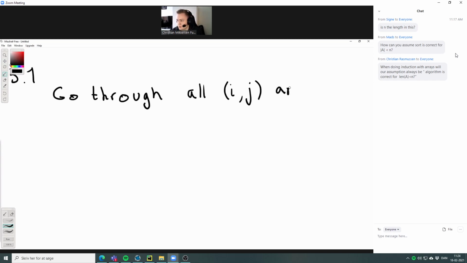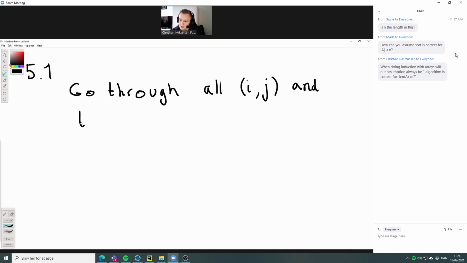Then we test if a_i plus a_j is equal to 0. And if it's 0, then it's a 2-sum. Very simple algorithm.